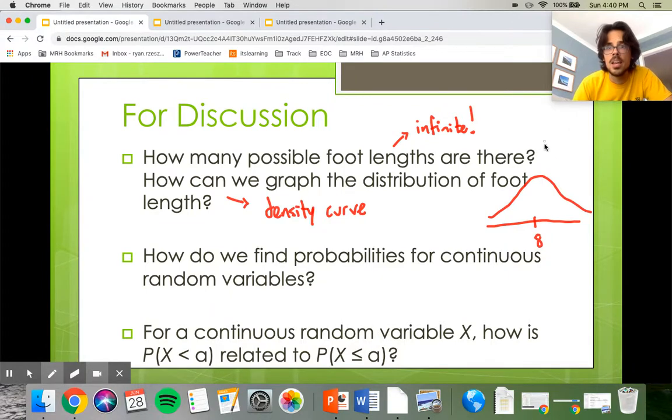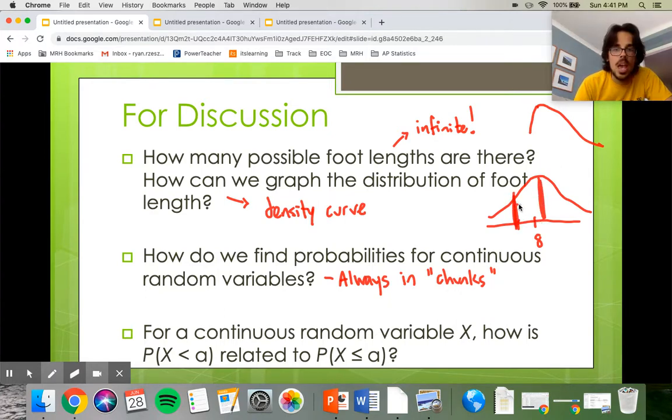It doesn't have to be. It could be something where lots are popular on this side and less are popular on the other. You would use a density curve like this. So how do we find probabilities? We always do it in chunks. That's not a mathematically sound way of doing it, but basically we'd find, what's the probability from here to here? And the way that we do that is by finding the area under the curve.